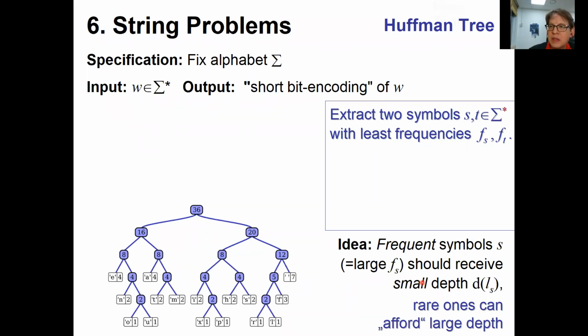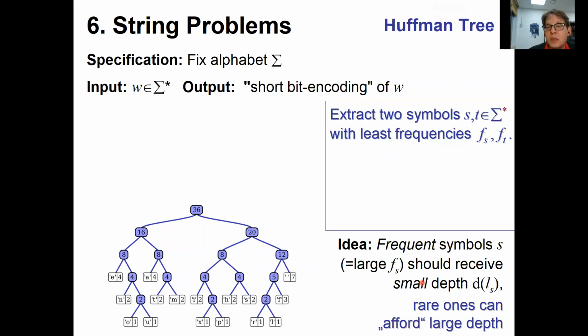So the algorithm will take two symbols of least frequencies. Least frequencies means they will be the deepest in the tree. Every symbol will be a leaf, but the symbols with least frequencies will be the deepest leaves.